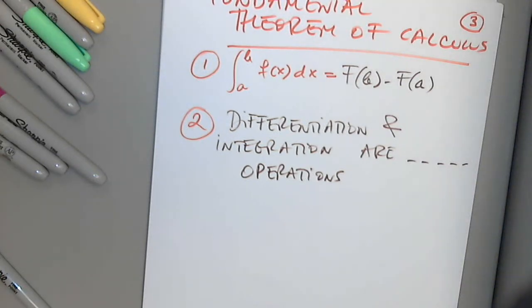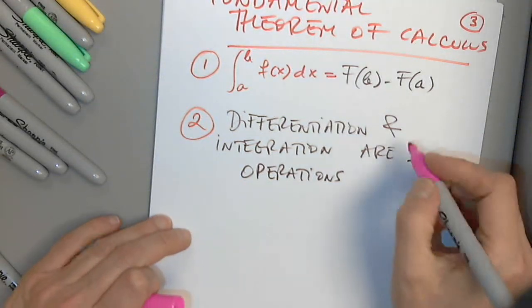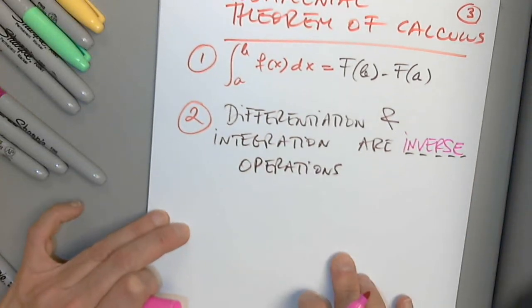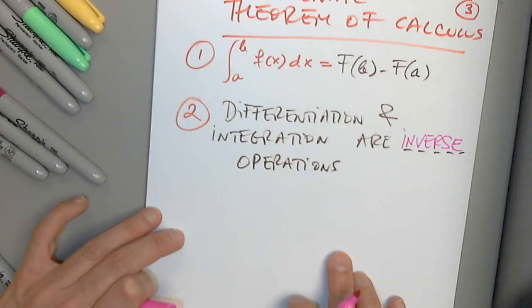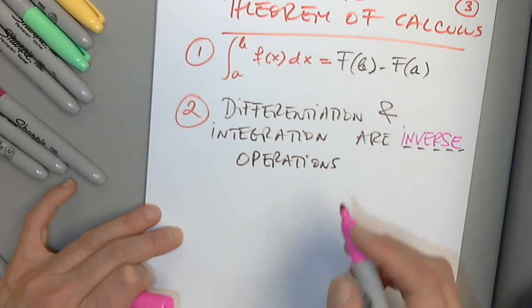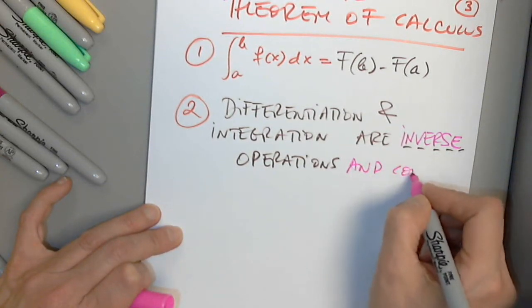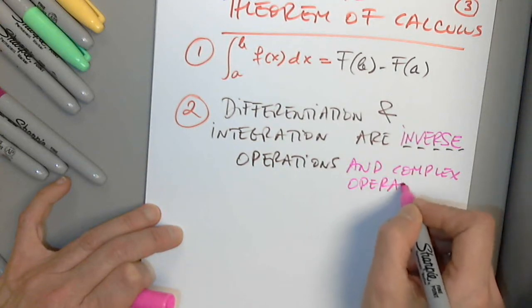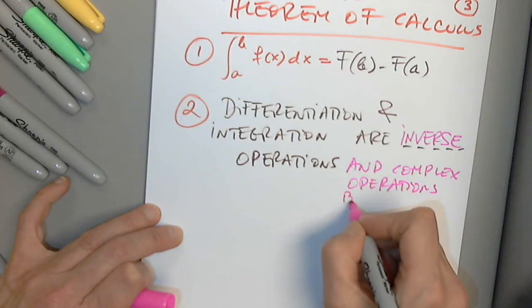Complex. Good try. They are inverse operations. Sounds complex to me. Okay, so let's make Angel happy. And complex operations as well. You're the best, Angel.